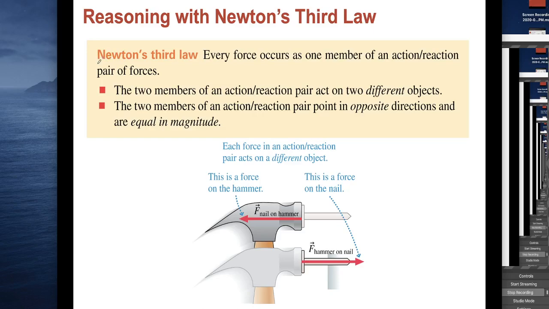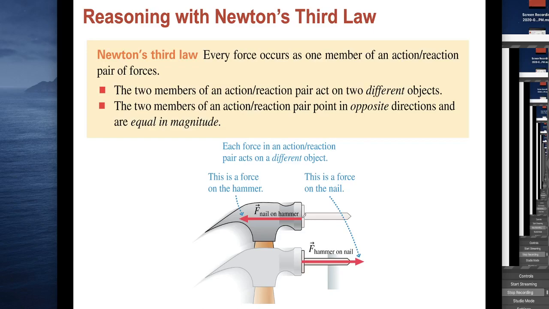So now let's see Newton's third law. Every force occurs as one member of an action-reaction pair of forces. The two members of an action-reaction pair act on two different objects. The two members of an action-reaction pair point in opposite directions and are equal in magnitude.